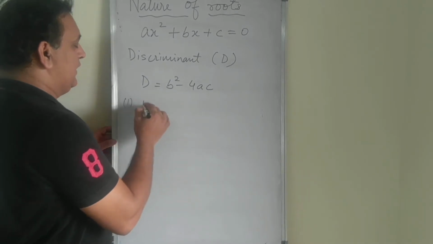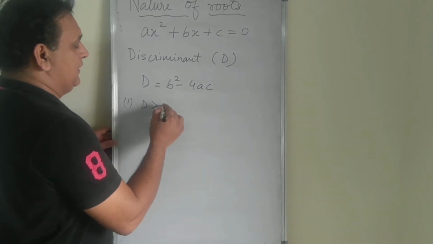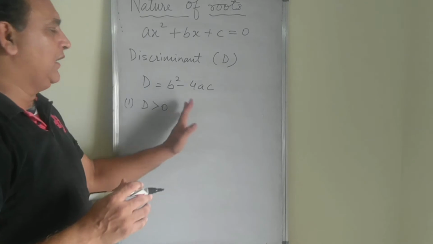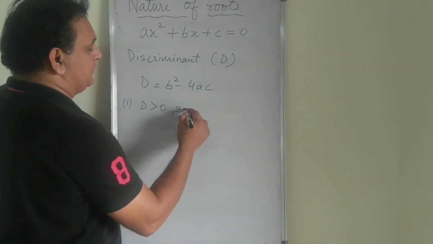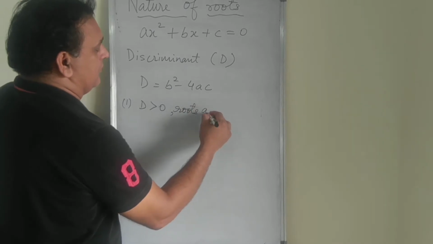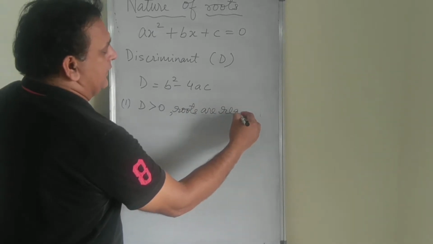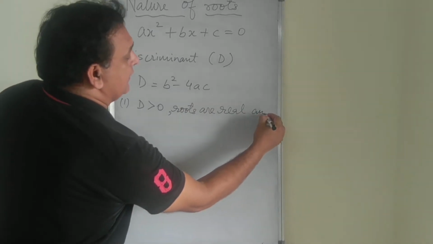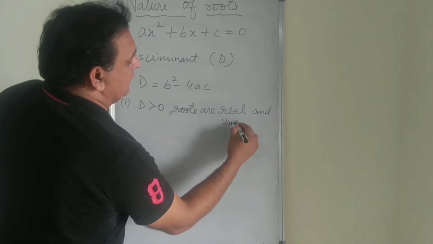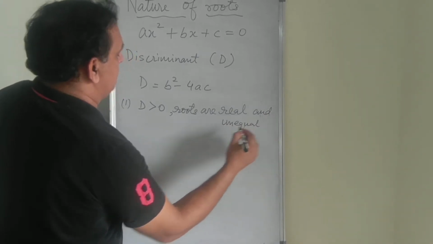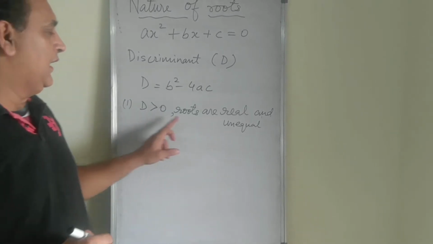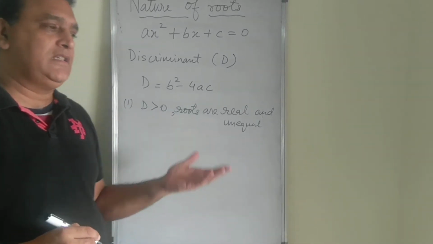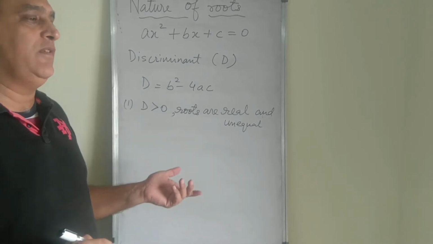First, D could be greater than 0, meaning you will get a positive answer. In this case, roots are real and unequal. Now, in some books it is written that roots are rational and unequal or irrational and unequal.